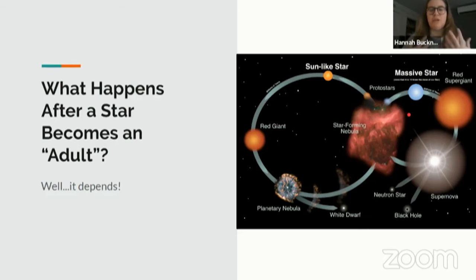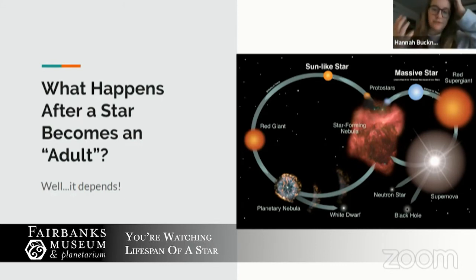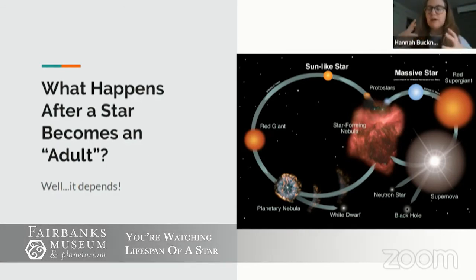So we know that stars form from gas and dust that are in these nebulas. They begin to collect and condense, and they get very, very close and tight. Because they're so tight, they begin to warm up, and they start to experience nuclear fusion, which is them starting to burn hydrogen, and they can continue to get bigger.